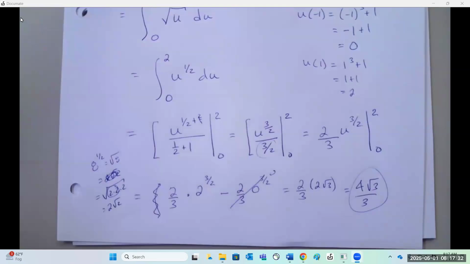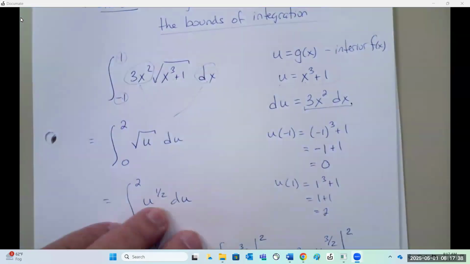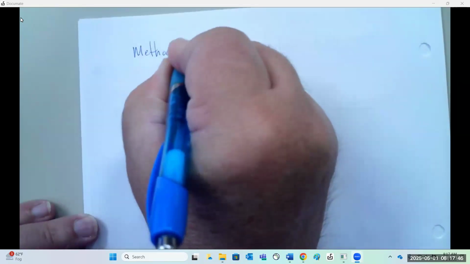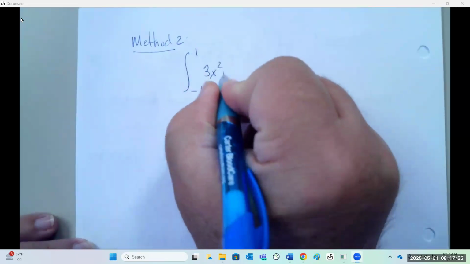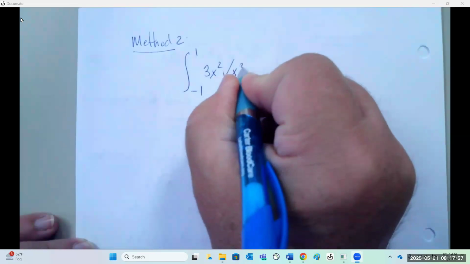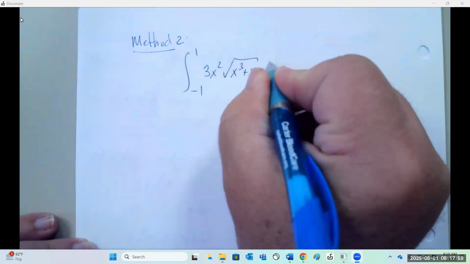Okay, let's go do the second method, which we will transform back to x. In other words, we'll keep the same bounds of integration. We'll use the same functions. So we're going to go from -1 to 1 of 3x squared times the square root of x cubed plus 1 dx.